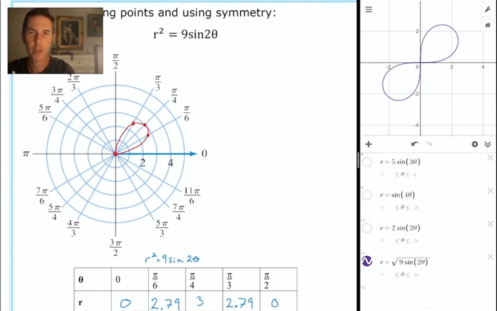And pole symmetry is tested for by plugging negative r in for r, and then trying to manipulate the equation so that it looks exactly like the original. If you want to look at this one together, right at the top of the screen is the equation, and if you plug in a negative r for that r value, what is negative r, in parentheses, squared? I suppose I could even write this down. What is negative r squared?